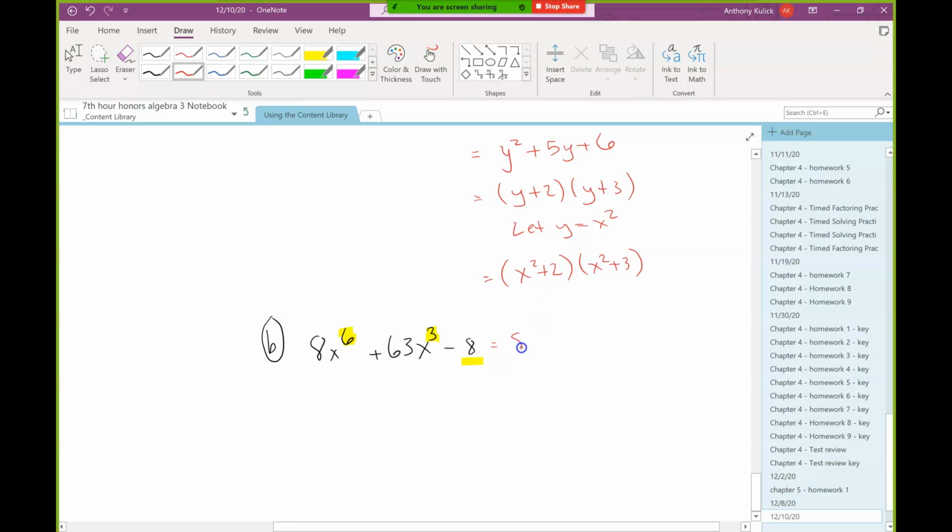So I'm going to rewrite this as 8x cubed squared plus 63x to the 3rd to the 1st minus 8. And then just like before, I'll make a substitution so that I can write this as something fully quadratic.